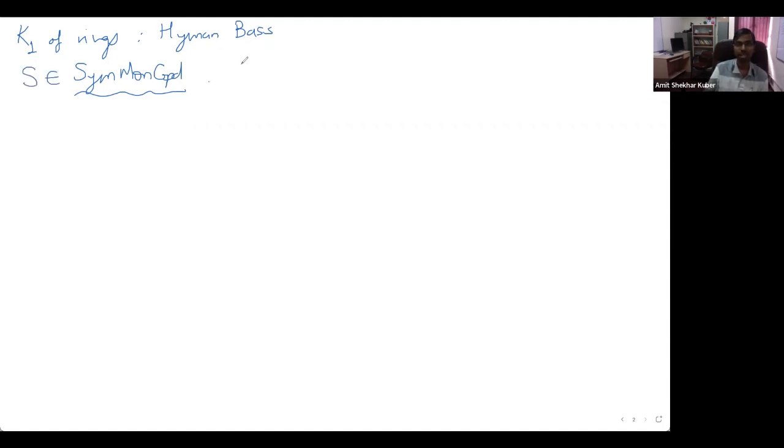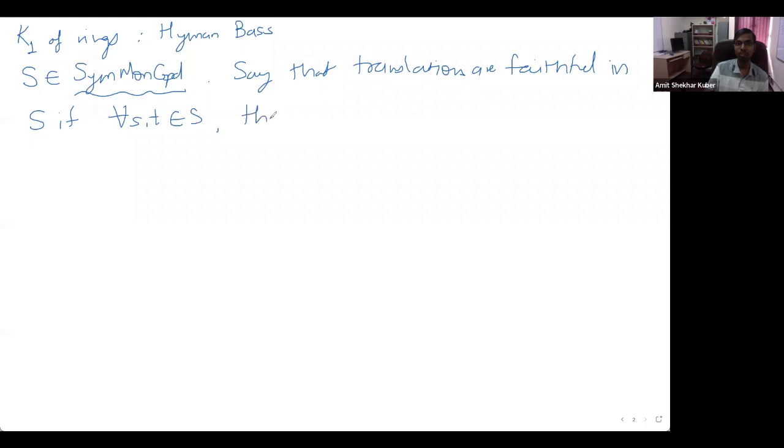We will say that translations are faithful in S if for all S, T in S, the morphisms, so consider this automorphisms of little s to automorphisms of S tensor T. Yeah, this is the notation that we use.